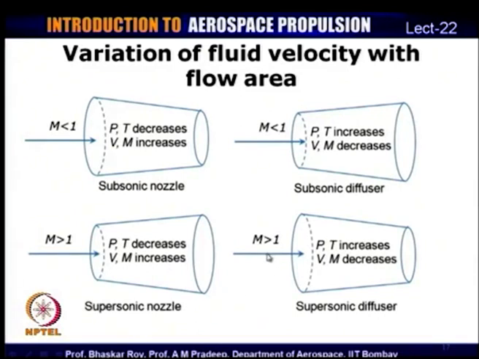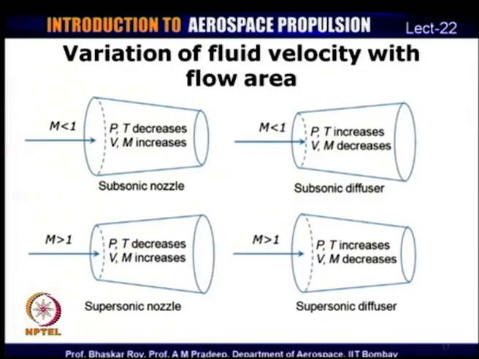And a supersonic diffuser is basically decreasing area, so pressure and temperature will increase and Mach number decreases. So, a supersonic diffuser, at least theoretically, is basically a subsonic nozzle. A supersonic diffuser will act as a nozzle in subsonic flow, and a subsonic diffuser will act as a supersonic nozzle at Mach numbers greater than 1, which is what should happen theoretically.